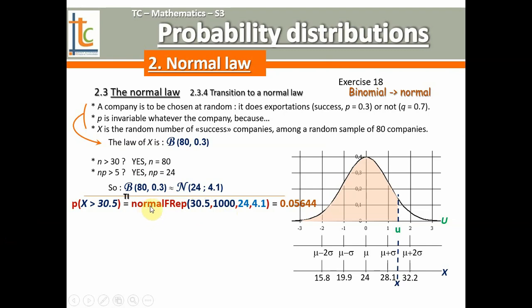And of course, you could check this result and compare it to what would have been obtained with a binomial distribution. More than 30 successes is the same as 1 minus the probability of at most 30.